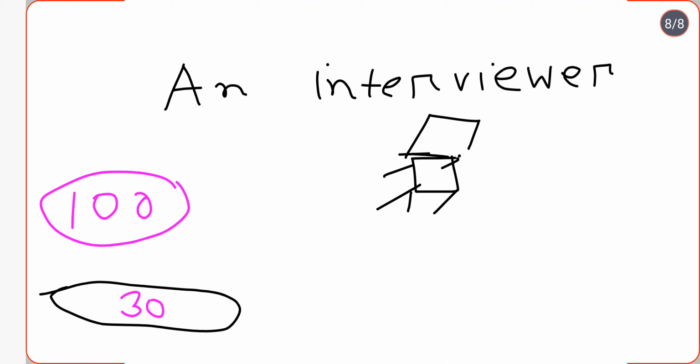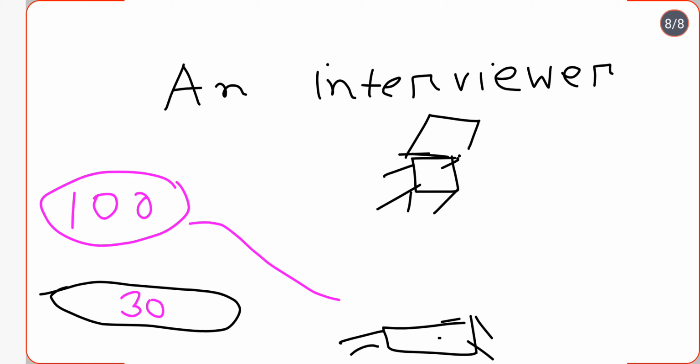Now one by one, the candidates are coming to give the interview. Suppose this is the chair or the bench for them. When they are coming one by one, how will the interviewer identify who has the potential to do the job in the company and who has not?